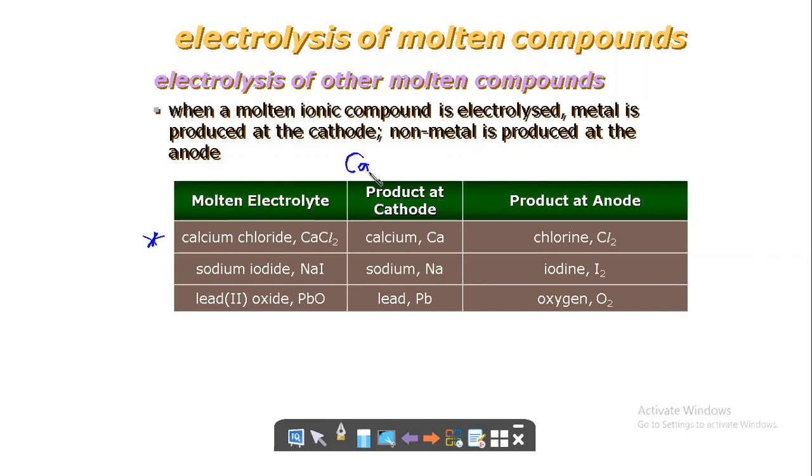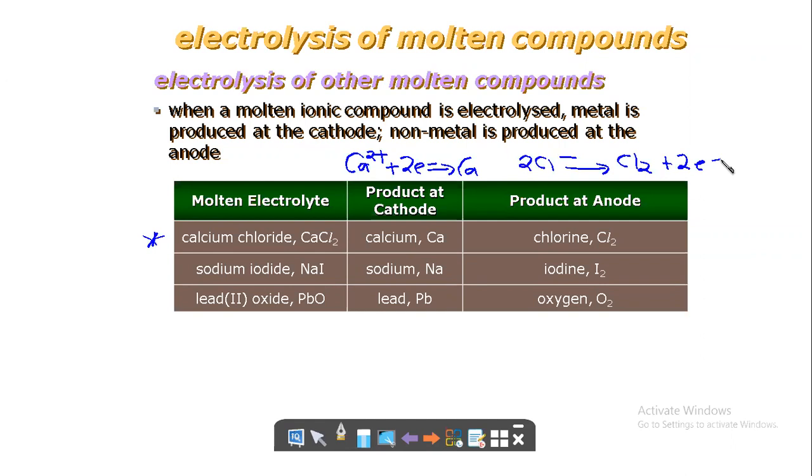So your half equation will be Ca2+ + 2e- gives Ca, and chlorine is going to go to the anode: 2Cl- gives Cl2 + 2e-. So this is the half equation. These are the products. Again, these are the questions that are asked in the exam.